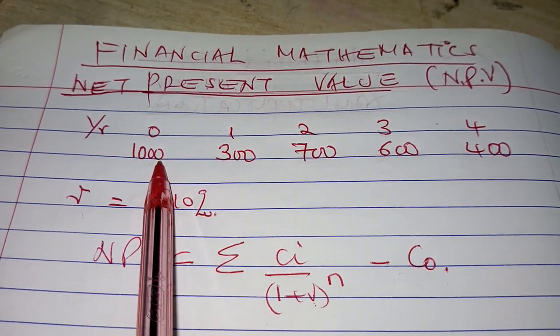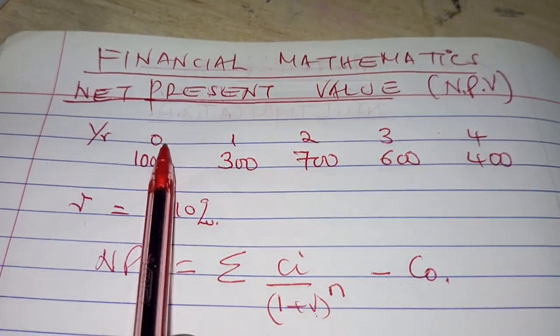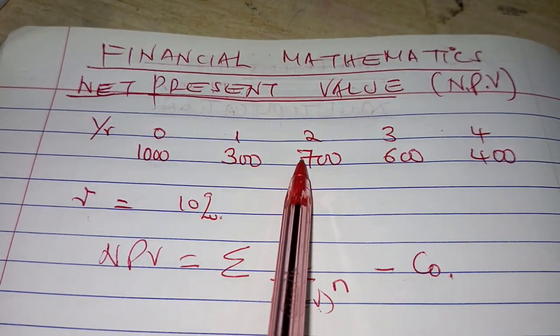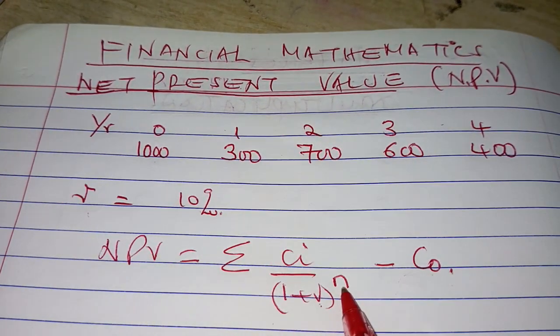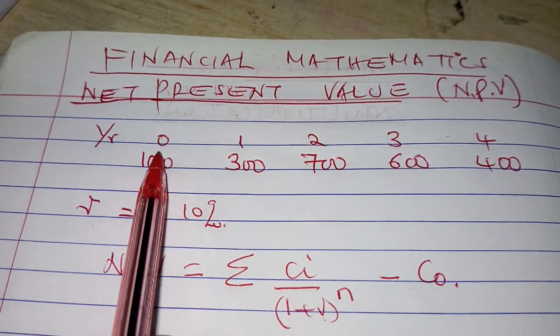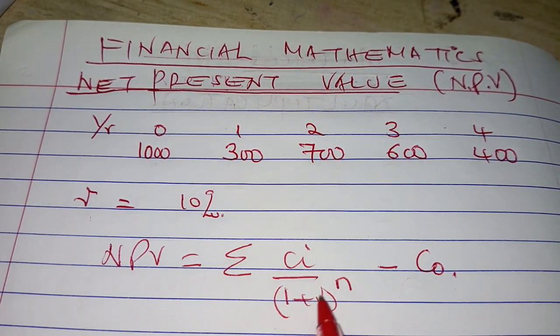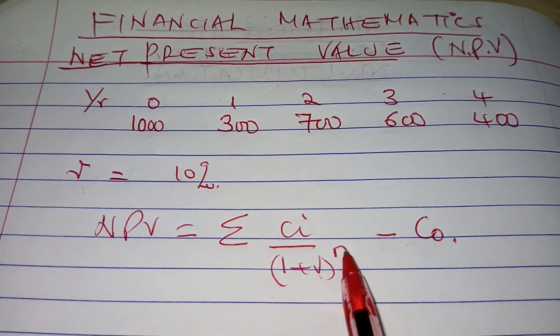When we are investing, n is 0. The moment n is 0, 1 plus r raised to power 0 just becomes 1 because any number raised to power 0 is 1.